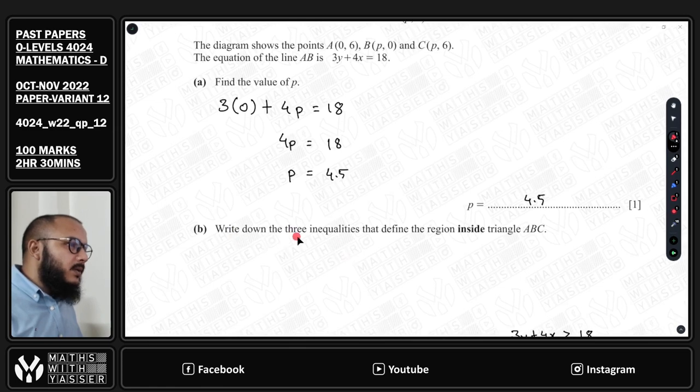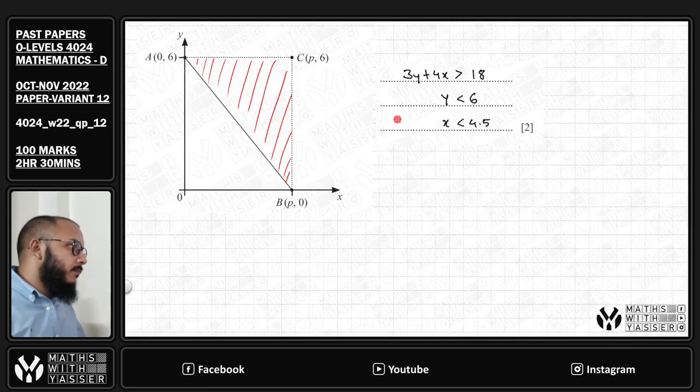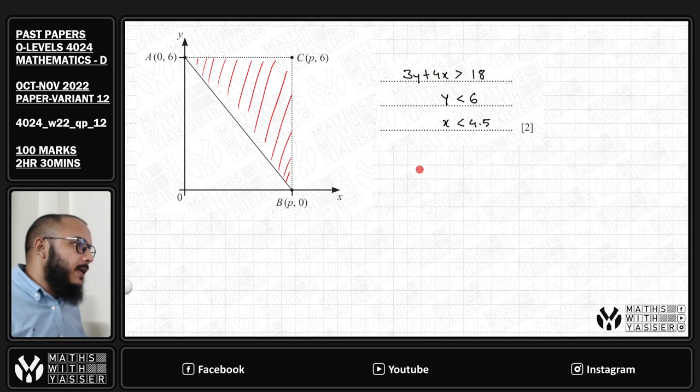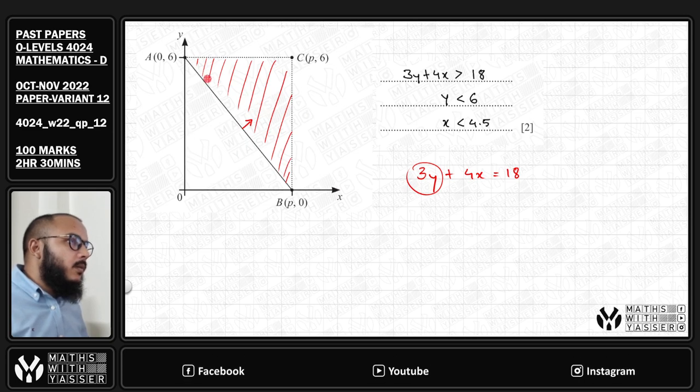Then it says, write down the 3 inequalities that define the region inside the triangle ABC. So we need to define this region with the inequalities. Let's look into the first equation that is already provided, which is 3y plus 4x. It was given that the line AB is represented by the equation 3y plus 4x equals 18. Since we have a positive y over here, we can say that this side of the line will satisfy the region.